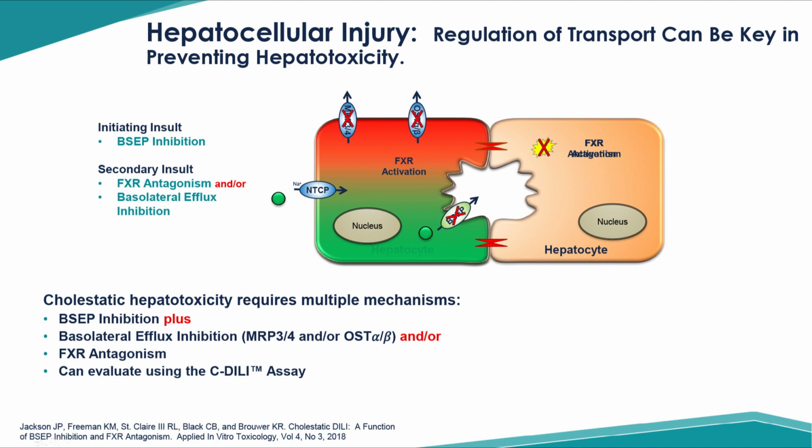And now you've blocked all the ways that the cell has to adapt to that, and you can get this hepatotoxicity. And so we think the cholestatic hepatotoxicity requires multiple mechanisms. BSEP inhibition is probably one, plus maybe basolateral efflux inhibition or FXR antagonism would cause these to occur. And so we integrated all these factors into our C-DILI assay, and now that can be used to, we think, better predict the potential for cholestatic hepatotoxicity.